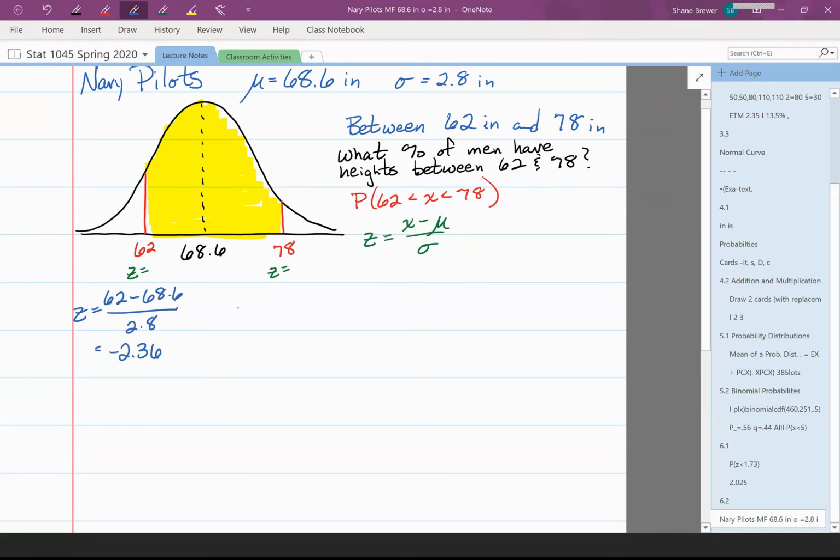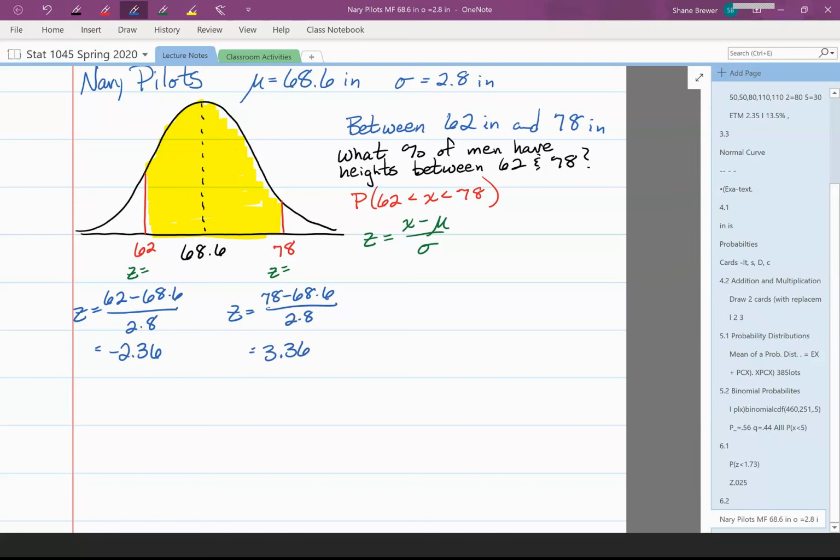And then we do the other one: z equals 78 minus 68.6 over 2.8. And that's 3.36. All right, so there are the z-scores.